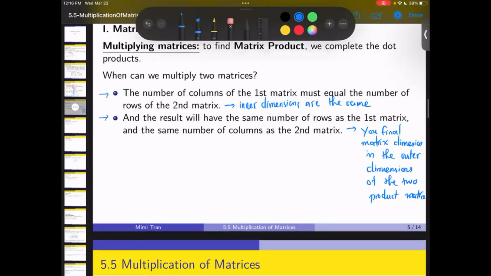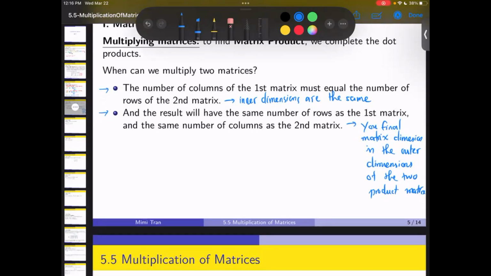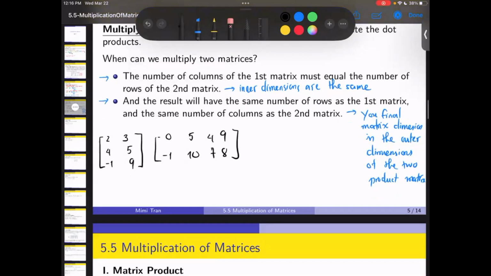Let me give you an example. Say I have 2, 3, 4, 5, negative 1, 9, multiplied with 0, 5, 4, 9, negative 1, 10, 7, 8. I'm just checking the dimensions, I'm not multiplying them now. What is the dimension of the first matrix?